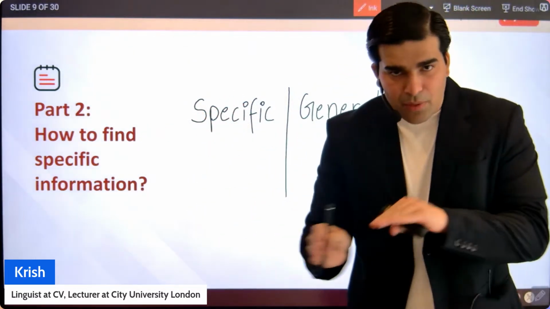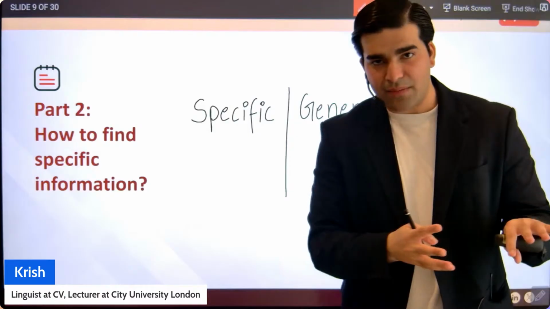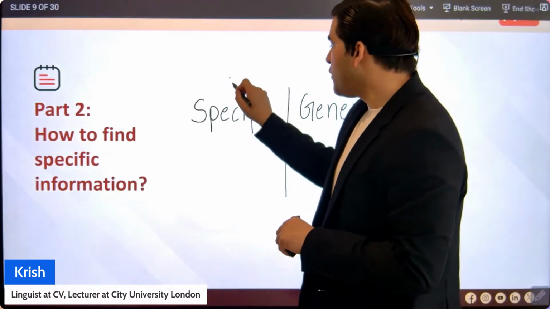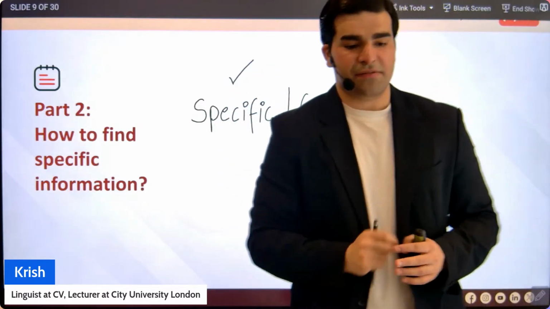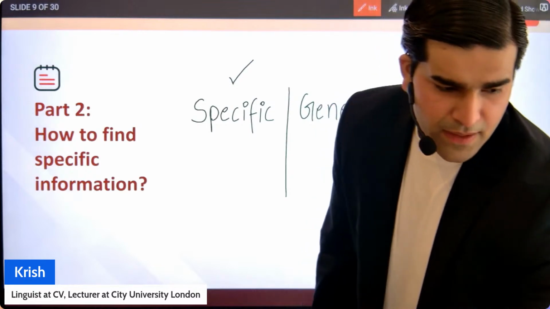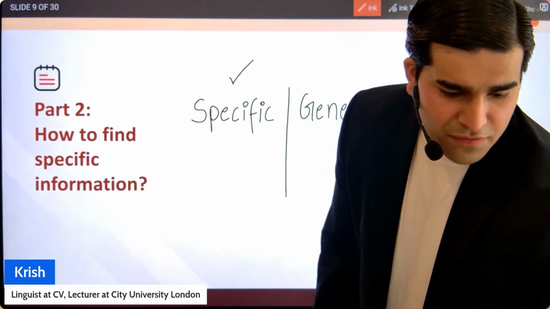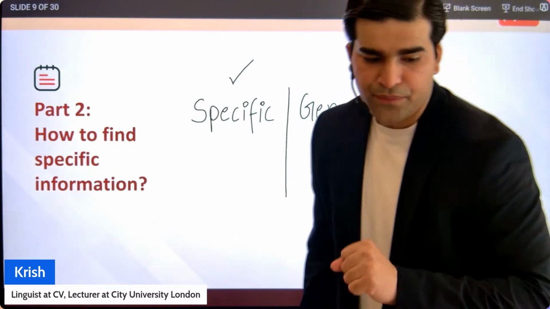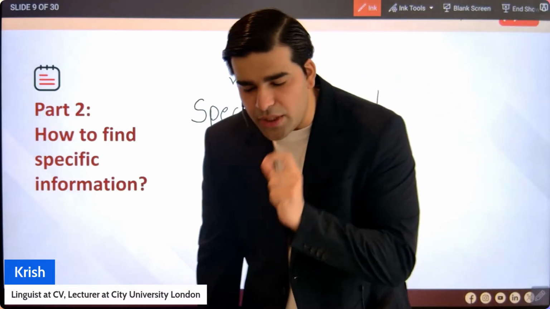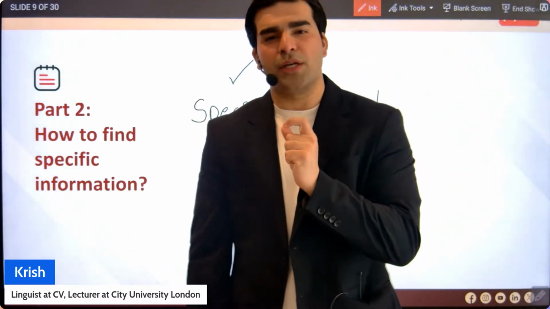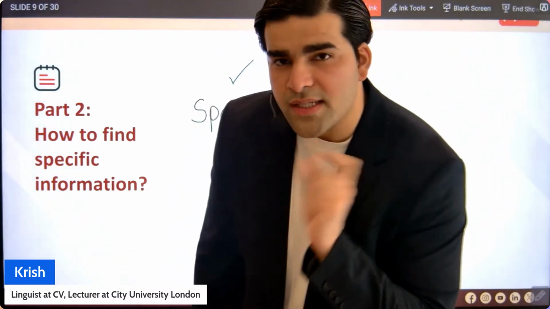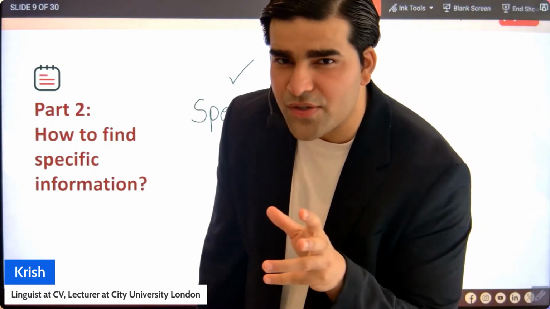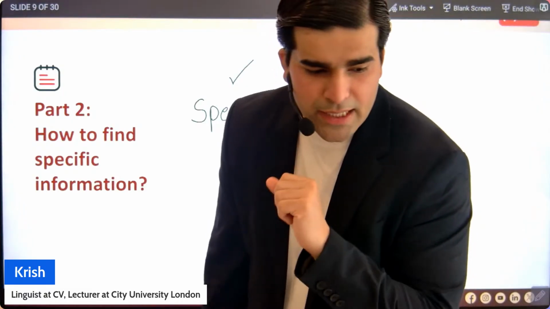In the next couple of exercises and activities and games that we have, we will only focus on how to find specific information. And it's very important. There's a strategy that we use to find specific information. What do you think is that strategy? The name of the strategy starts with S. Can you type in the live chat?